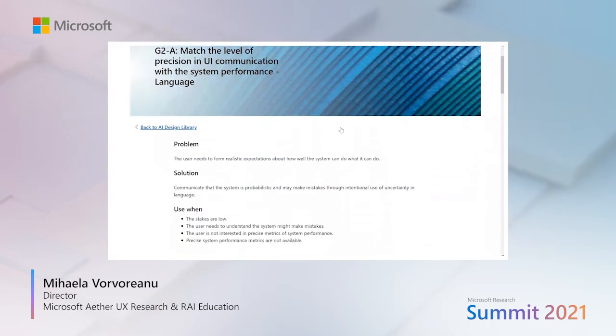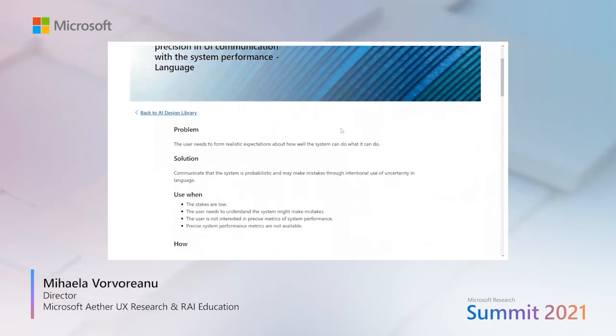We can see that each pattern has a problem, solution, when to use, how to use, common pitfalls, and more. And here we could see that one way in which we could communicate that the system may make mistakes is through intentional use of uncertainty in language.